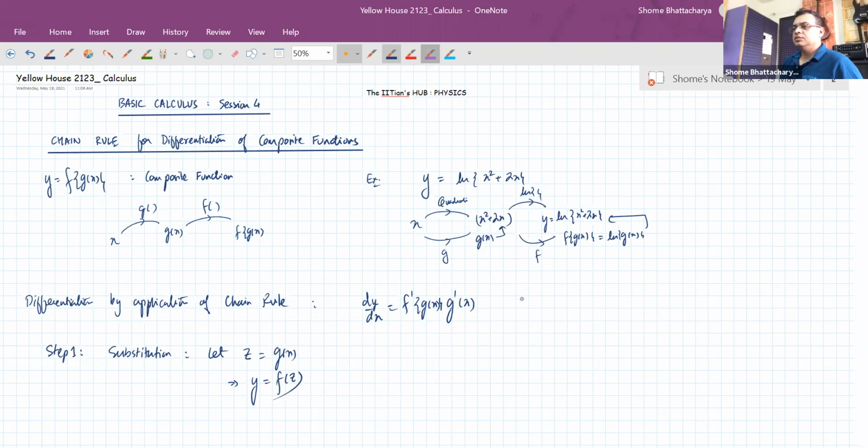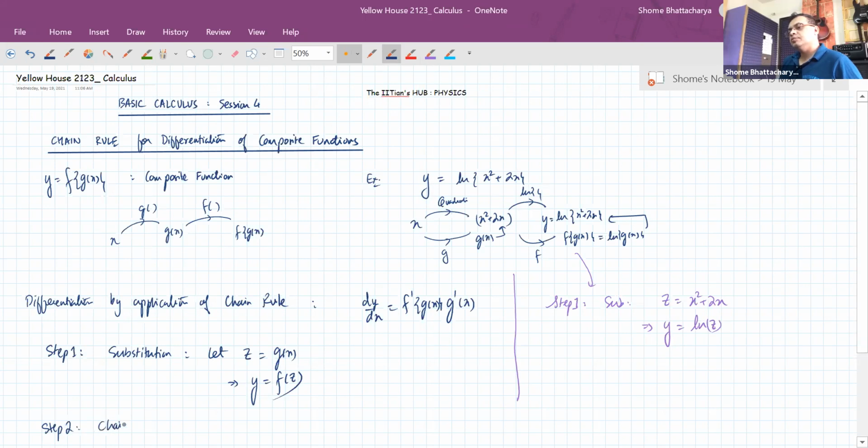So in this example, you can see that if I apply the substitution step, I'll substitute z as this quadratic function x square plus 2x. So y will become directly natural log of z.